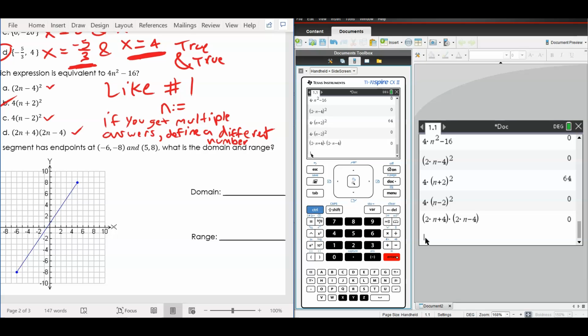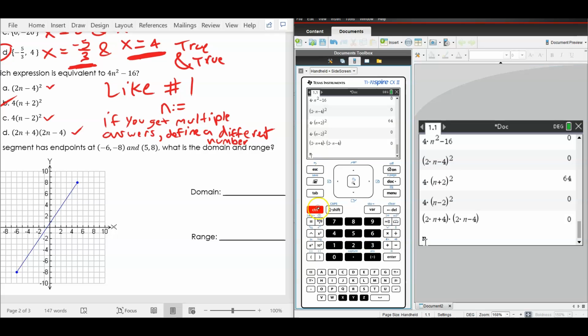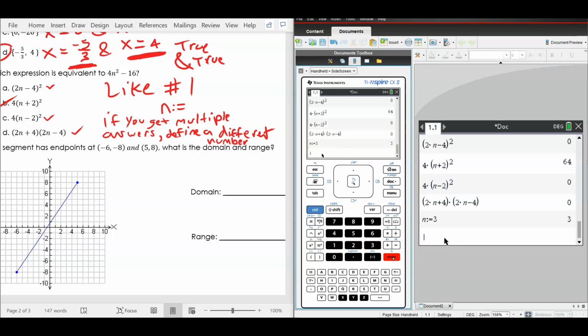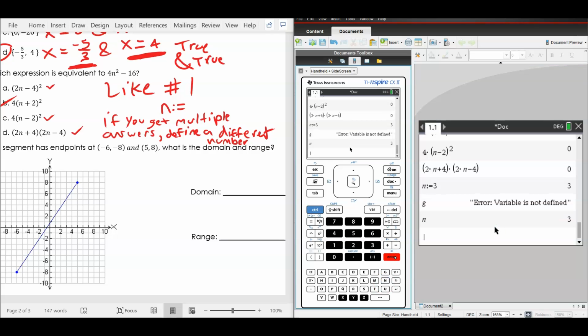Okay, so let's try this all again with n is defined as 3. Why is it doing that? N is defined as 3. Okay, so we defined n as 3 now. Oh my goodness gracious. Okay, cool.